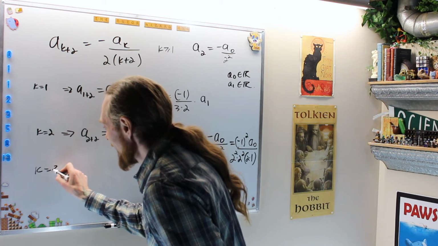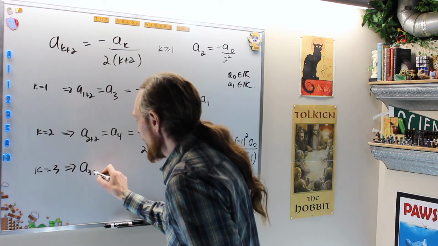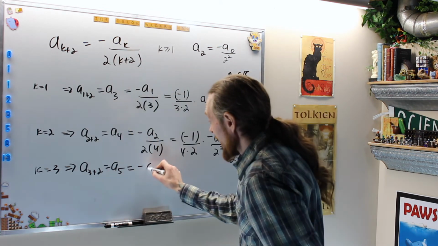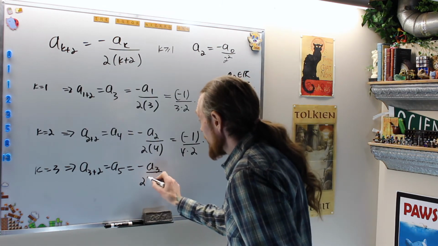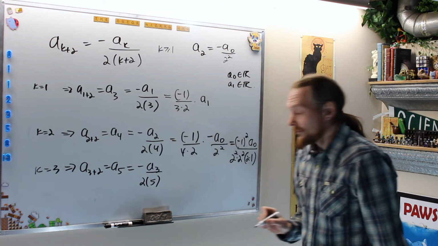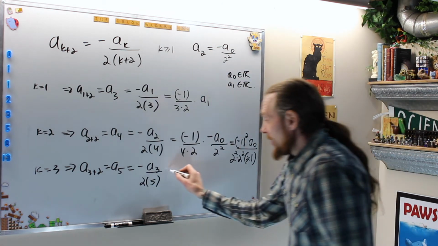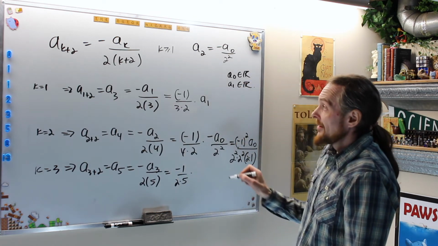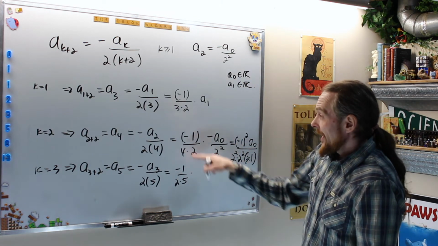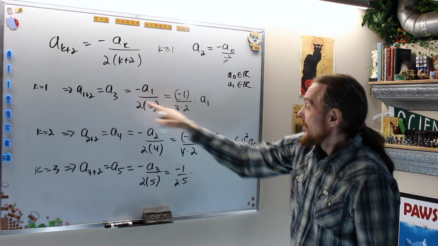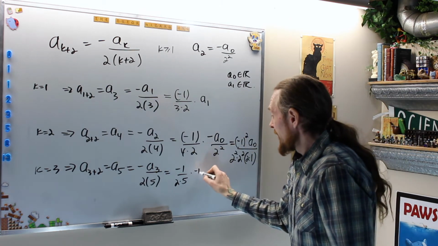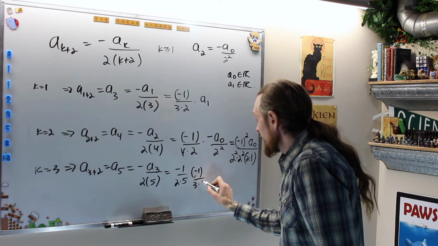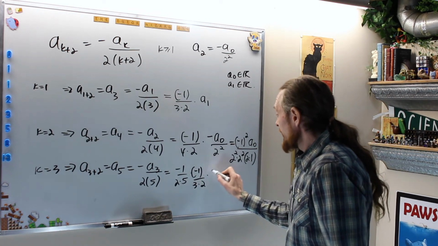When K is 3, I'm going to get A3 plus 2, which is A5, which is, from the recursion relation, -A3 over 2 times 5, which is equal to -1 over 2 times 5 times A3, which is this one, -1 over 3 times 2 times A1.